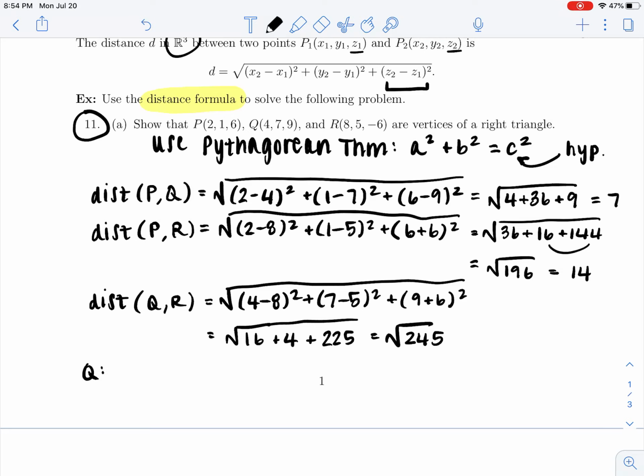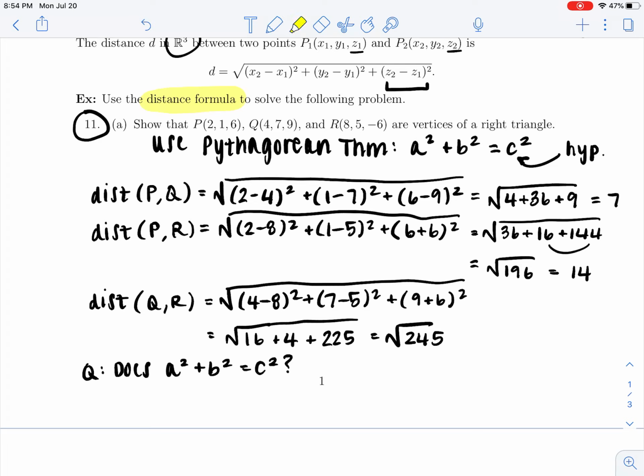And so finally, the question here is, does a squared plus b squared equal c squared? So remember, A and B are just legs of the right triangle, but C is the length of the hypotenuse. So now the question is, how do we identify what the hypotenuse is?